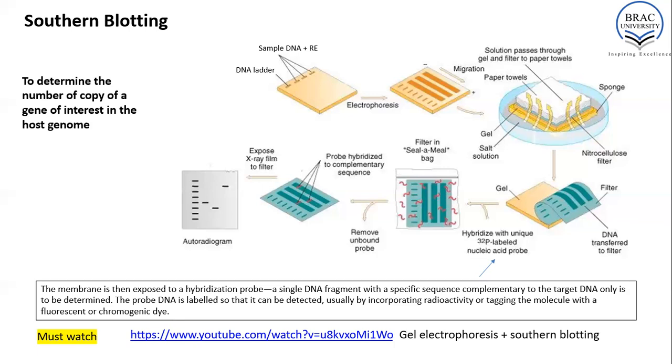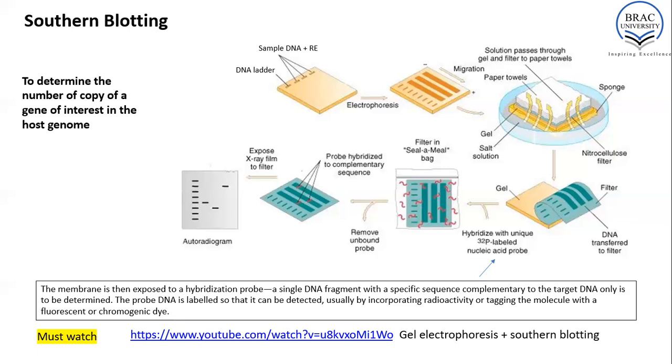probe. If you can recall, we have used probes in a DNA hybridization experiment. Something like that, we have to use a specific probe for that specific sequence and treat the membrane with that probe. So if you have 1 copy or 2 copies or 3 copies, depending on how many copies of that specific gene have been integrated into the genome, you actually get multiple bands.